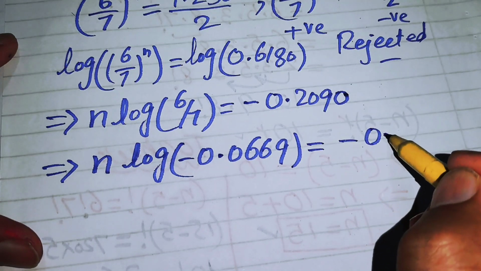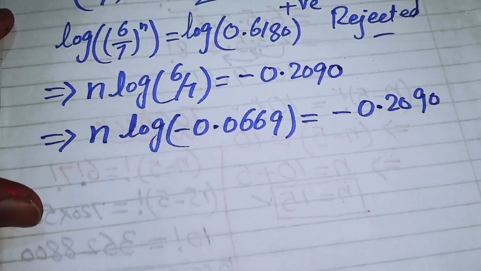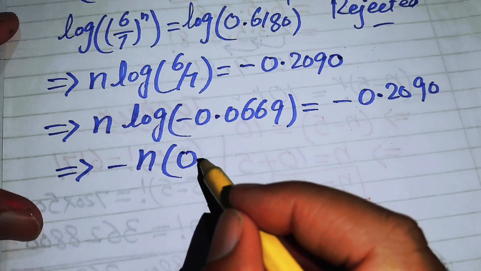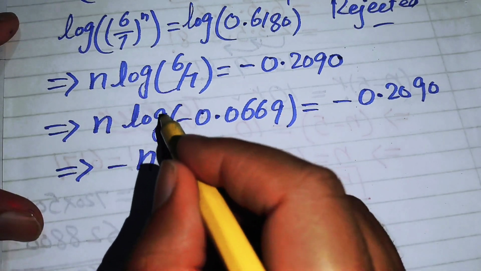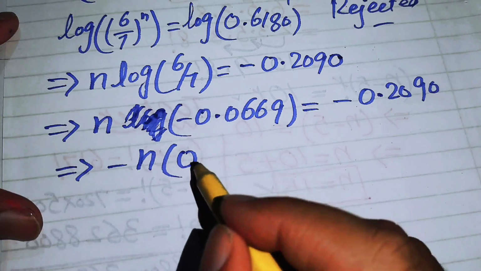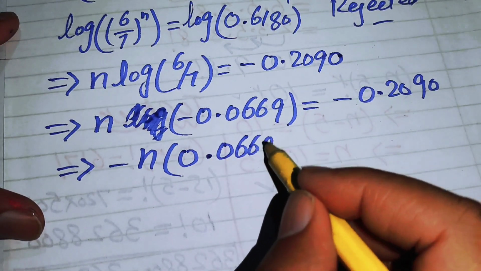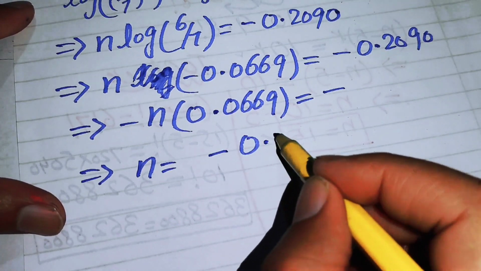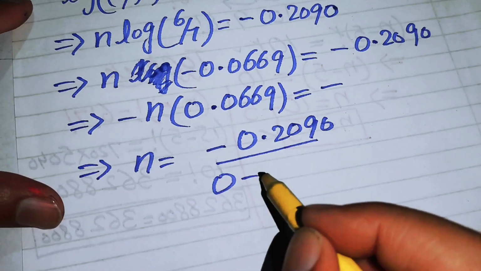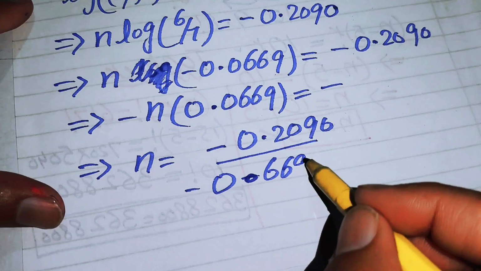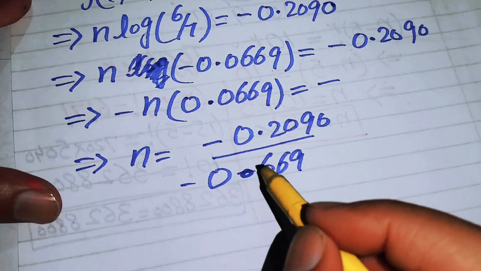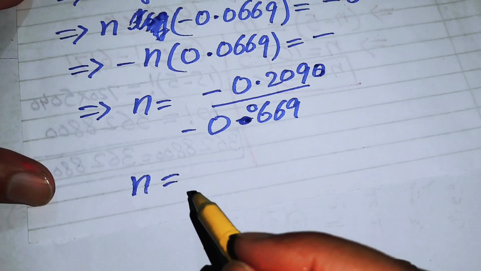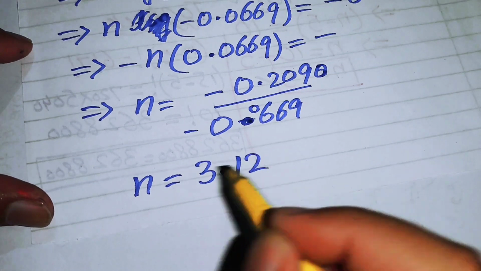So minus n times 0.0669 equals minus 0.2090, and we move this value to the right hand side, and you get n equals minus 0.2090 over minus 0.0669. Now when you divide these two values, you finally get the value of n equals 3.12.